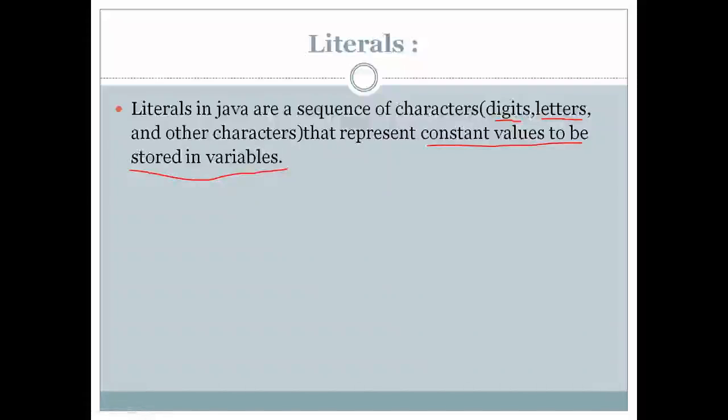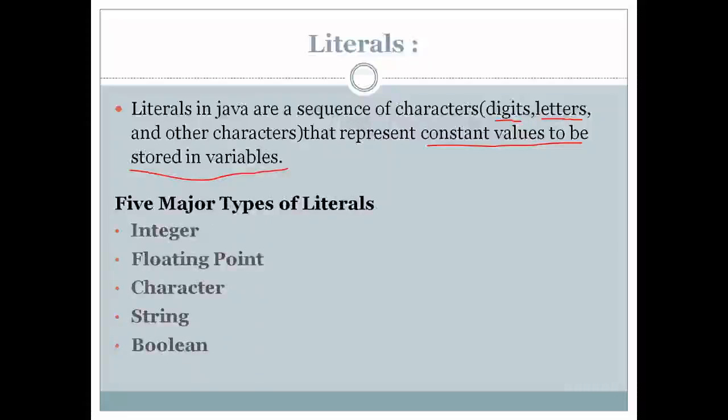In an integer variable you may store a value like 10, 20, 30. These values you can call integer literals. You may store some names in a string variable, and that is called a string literal. So we have five major types of literals: integer, float, character, string and boolean.